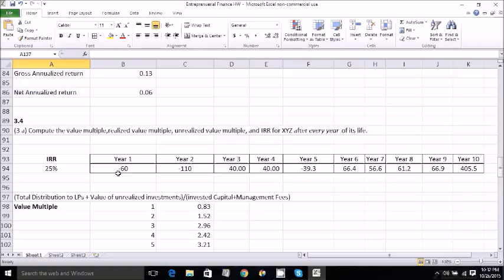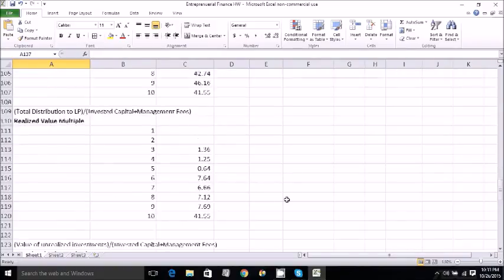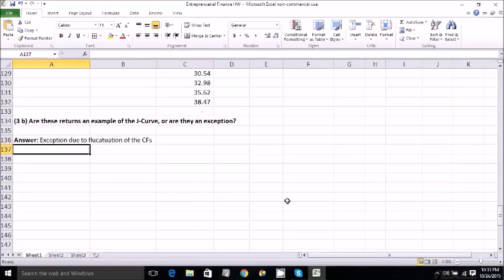We are below negative here, then we became positive, then negative again. There's a large jump here to 66, going back down, going up, and way up. So this in itself does not represent a J-curve. So I am saying it's an exception due to fluctuation of the cash flows.